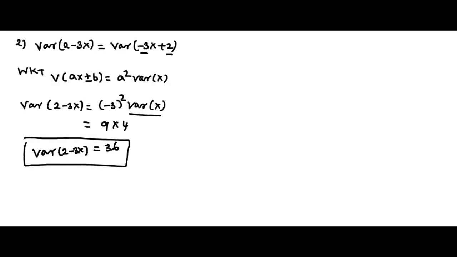What is the third question? The third question, we are going to find the variance of X by 2. We can write this as the variance of 1 by 2 X plus 0. Here the a value is 1 by 2 and the b value is 0.